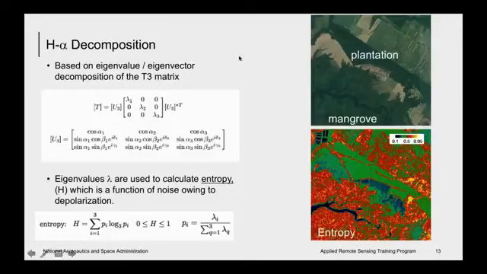But when you move to the entropy results, you can see that the mangroves have higher entropy. There's more noise in the mangroves because of the canopy shape, whereas more regular plantation sites have lower entropy. And then when you move to bare ground, the entropy is even lower, closer to 0.1.